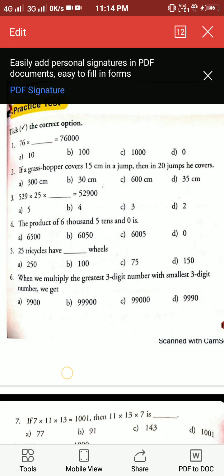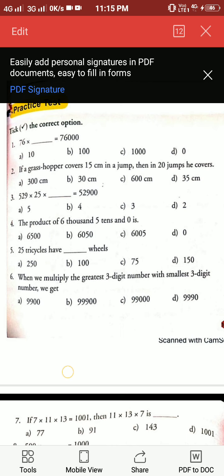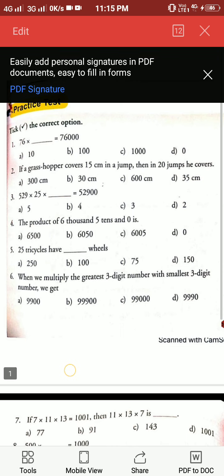Students, have you learned the facts of multiplication? Yes. When ones, tens and hundreds place, 3 zeros are there, that means we have to multiply by 1000. The main number we have to write on the left side, and the 3 zeros on the right side.